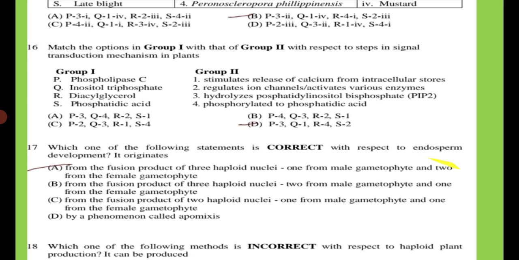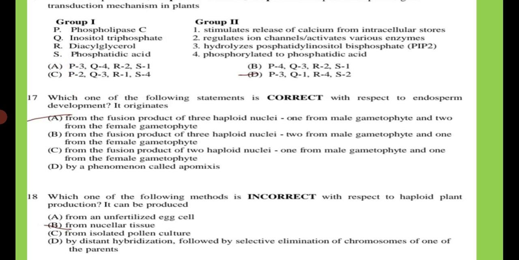Then the next question: which one of the following methods is incorrect with respect to haploid plant production? Haploid plants can be produced using an unfertilized egg cell.